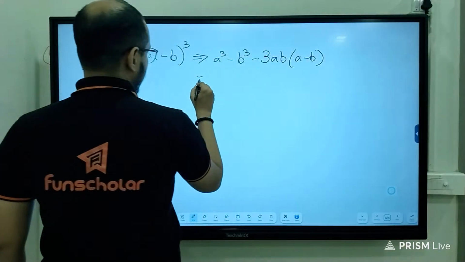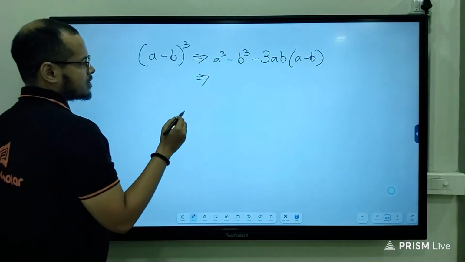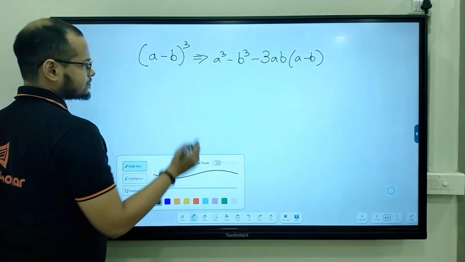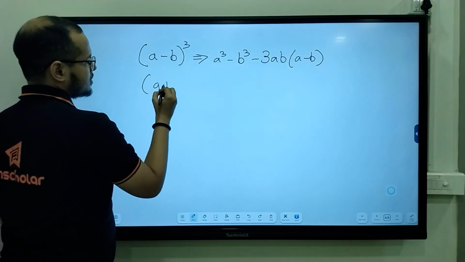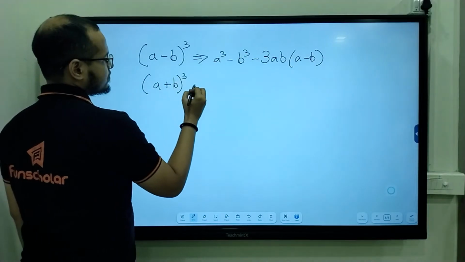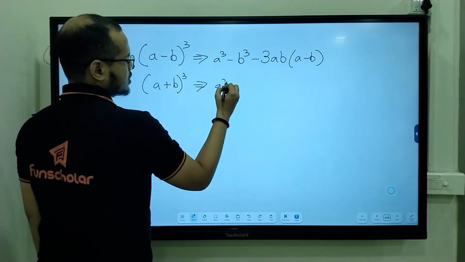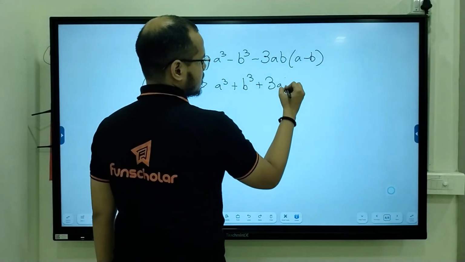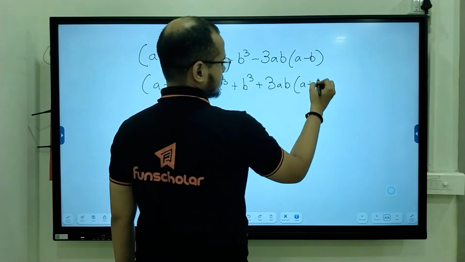Next, we have done a few things about what is (a plus b) whole cube, that is a cube plus b cube plus 3ab(a plus b).